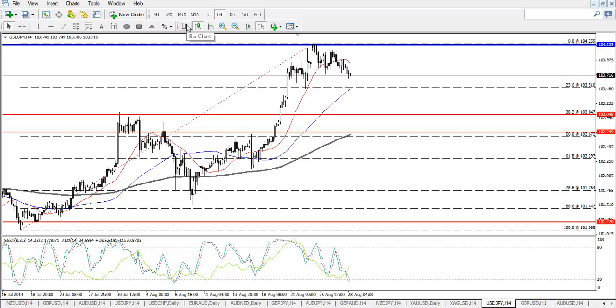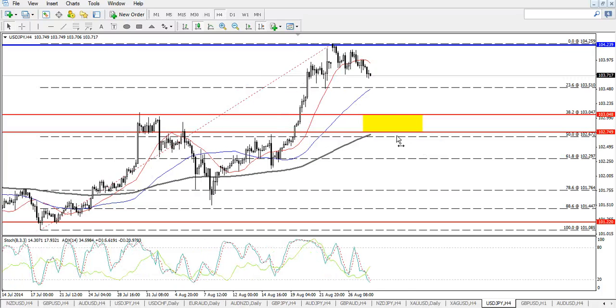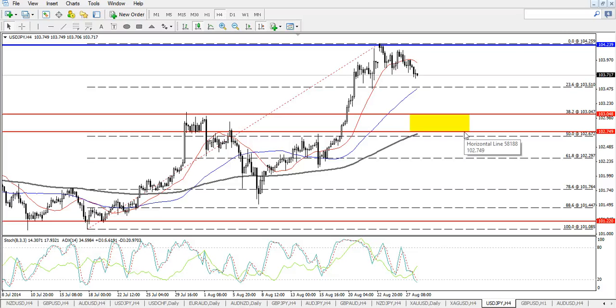So if I were to look for a long opportunity for this pair, I will wait for price to fall into this region, the region between 102.74 and 103.04. Alright, so that is all for dollar yen.